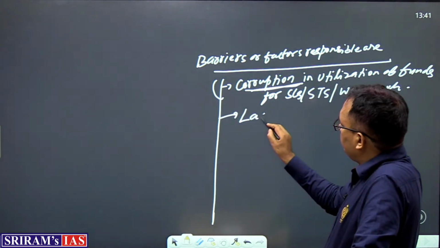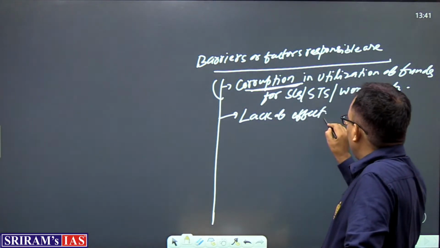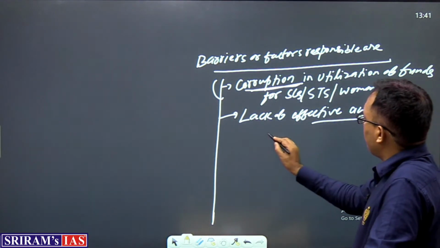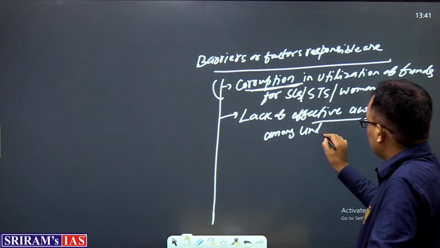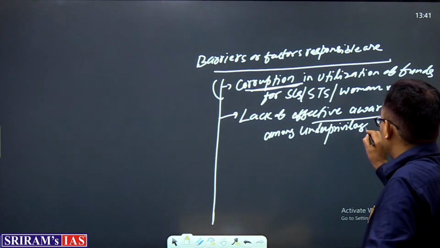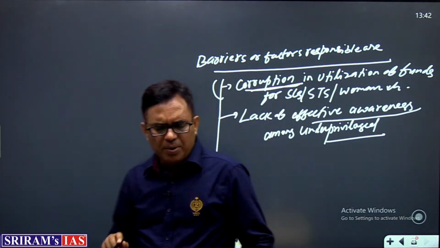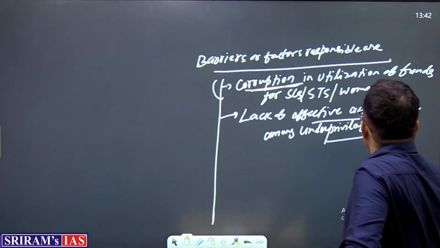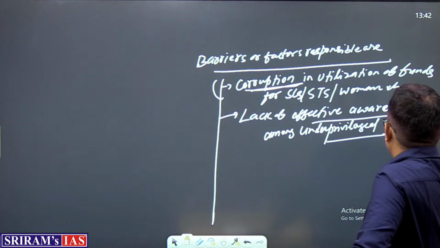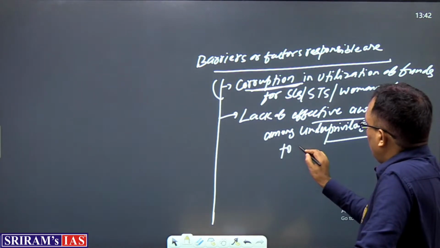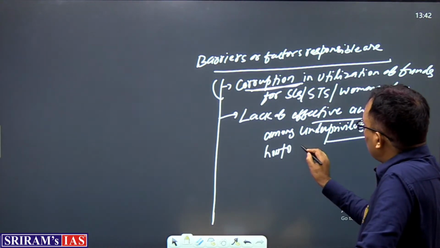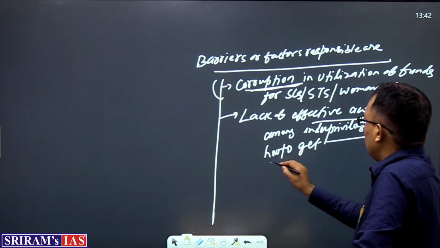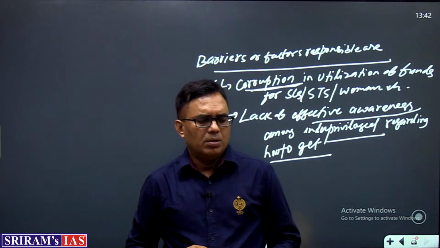Second, consider lack of effective awareness among the underprivileged section of society, regarding how to ensure the delivery mechanism.